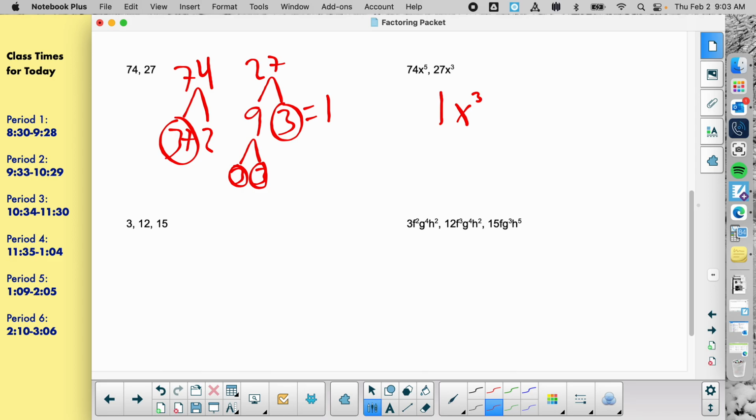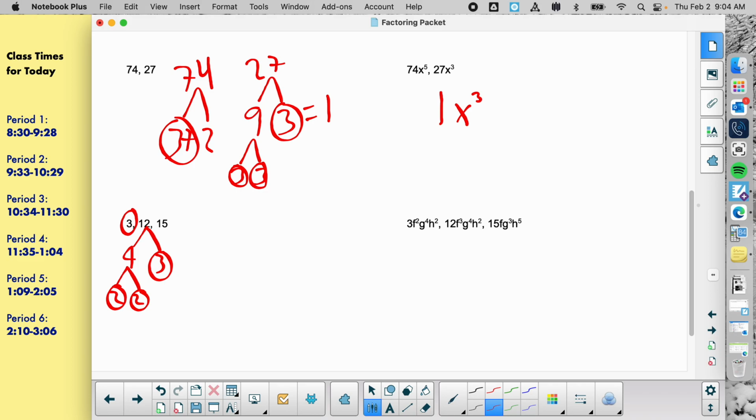Now I know 3, 12, and 15 do have numbers in common. And 3 is pretty easy to do a factor tree on because you're just going to circle it right away. You can write it off to the side next to it if you want.